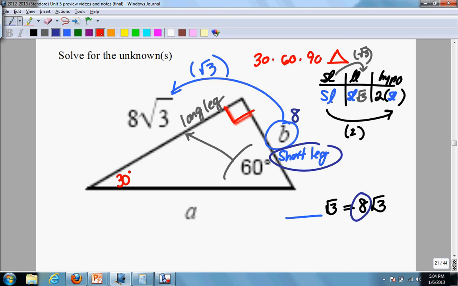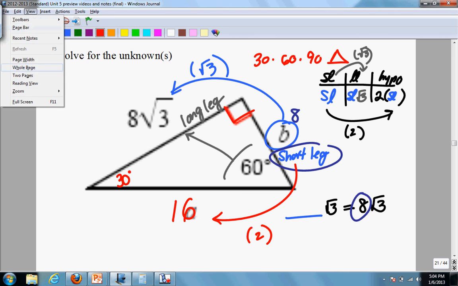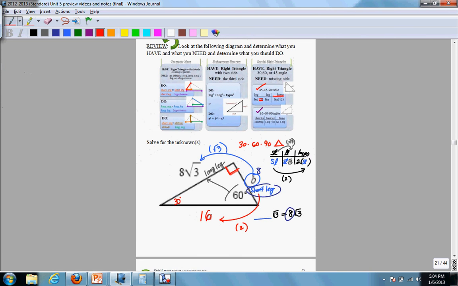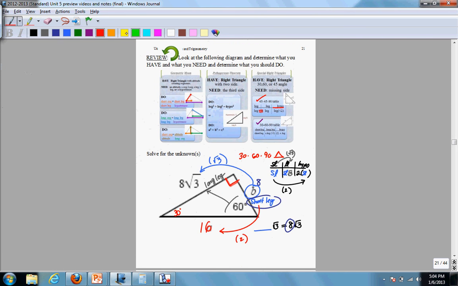To get to the hypo, you take the short leg and we simply times by 2. So in this case, 8 times 2, our A is going to be 16. So it's really, really important that you memorize these two tables, the 30, 60, 90 table and the 45, 45, 90 table.